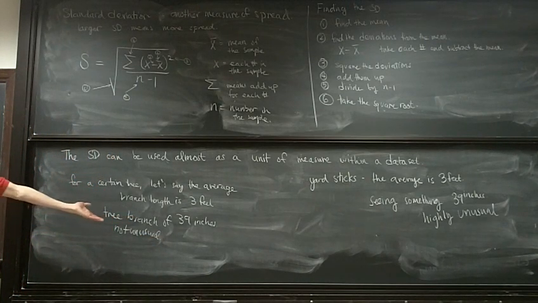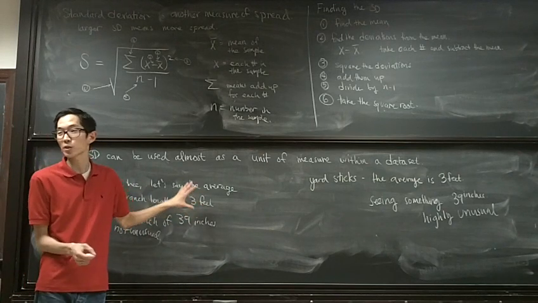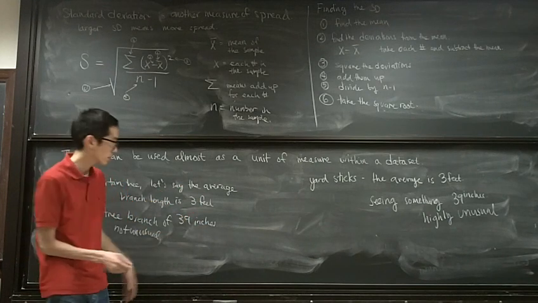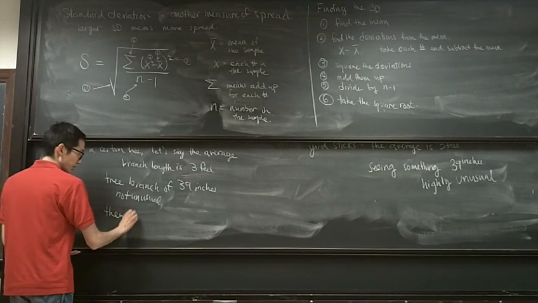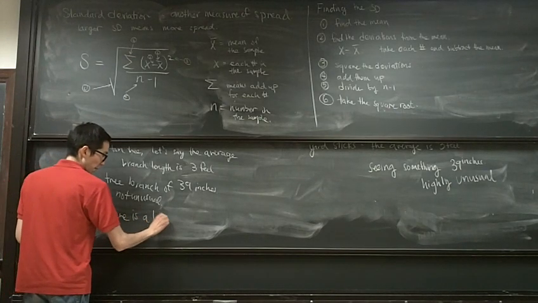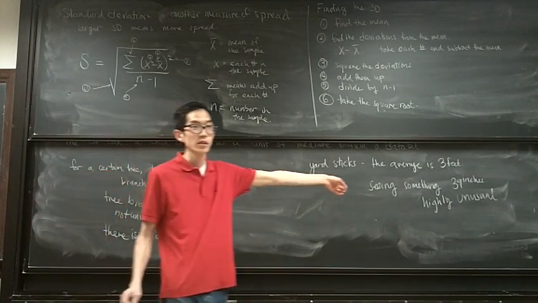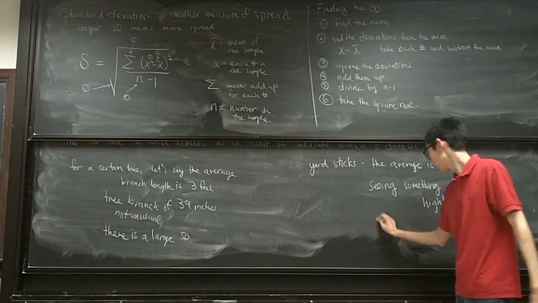What's going on is that over here, we're expecting a lot more variation, a large standard deviation. Here there is a large standard deviation. Over here, there should be a tiny standard deviation.